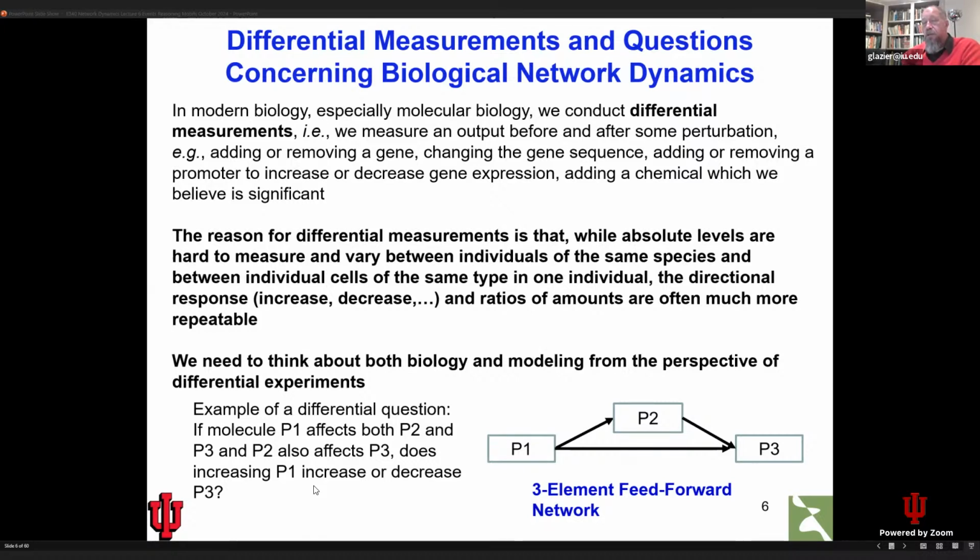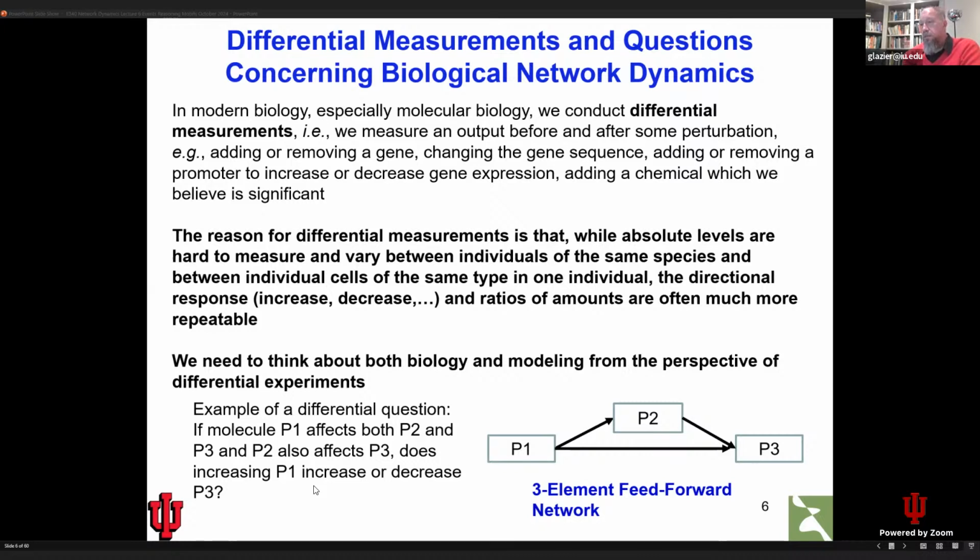Now, if everything is an activator, then when we increase P1, we're going to increase P3. If, on the other hand, we have P1, for example, inhibiting P2, and P2 activating P3, and P1 activating P3, we have what's called an incoherent feed-forward network.